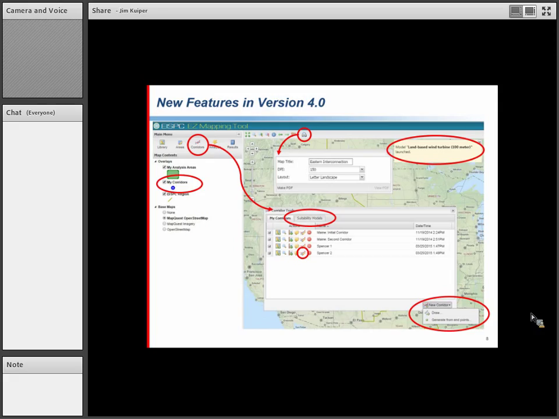You can use a model to generate a corridor suitability surface, and I'll go into what that means. Then once you have that model, on the lower right you can see generate from endpoints. That's where you specify the endpoint locations on the map and request the system to compute a route for you.